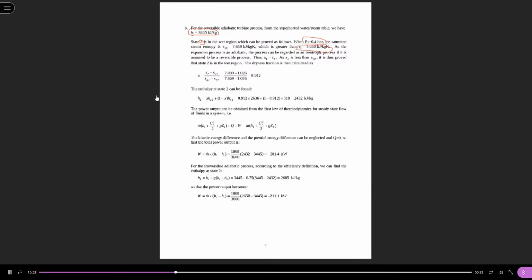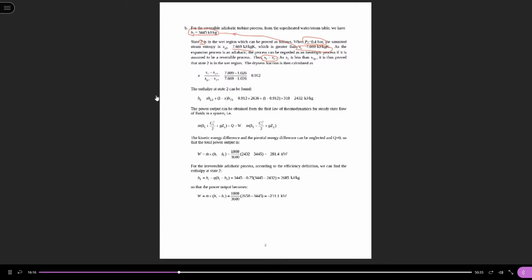For state 1, we know these two figures: enthalpy and entropy. Because it's an isentropic process with the same entropy, we want to see if this entropy is larger or smaller than the dry saturated water vapor entropy.